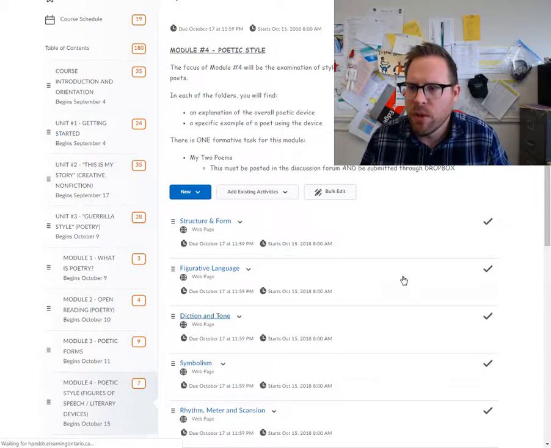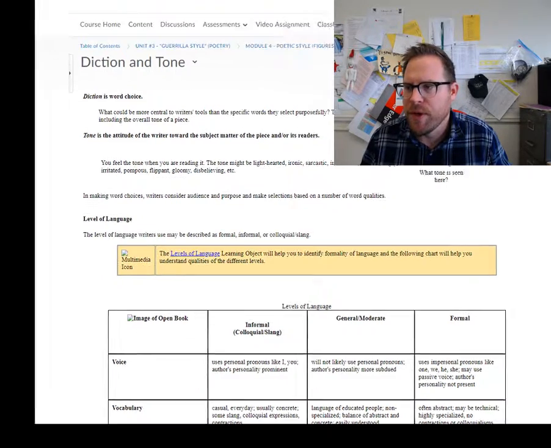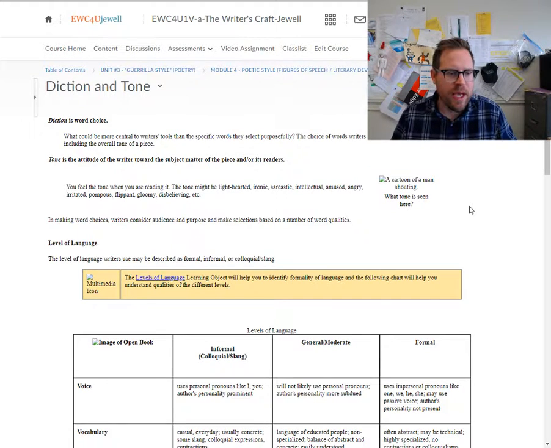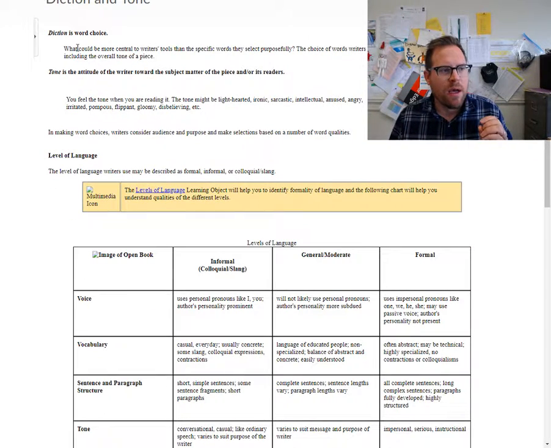Getting into diction and tone, this is an important part for the poet. Diction is word choice, and tone is the attitude of the writer toward the subject matter of the piece. The mood is the other piece of that: it's the attitude of the reader towards the subject matter as well. So that's the difference between tone and mood.